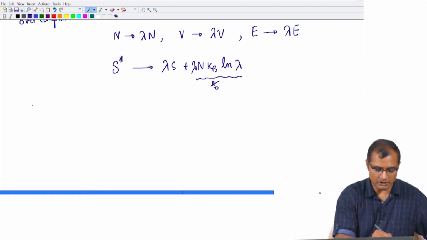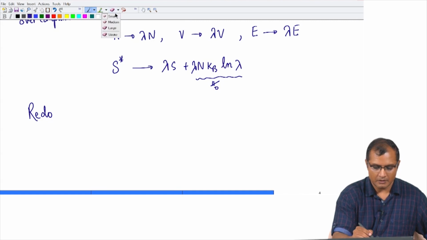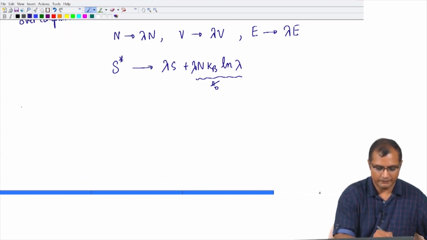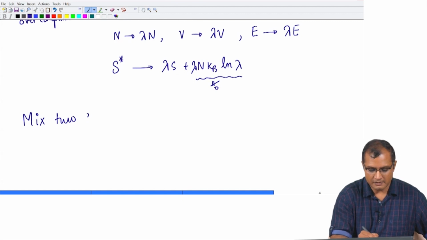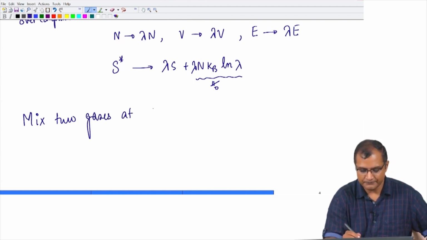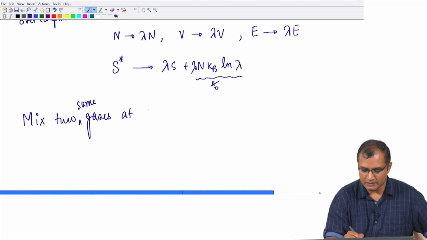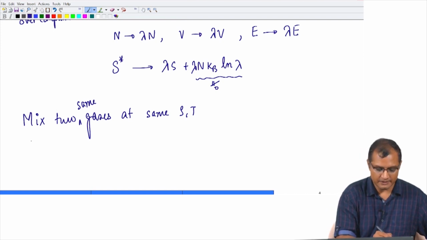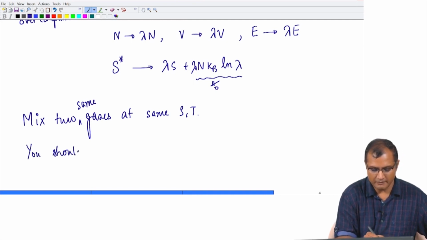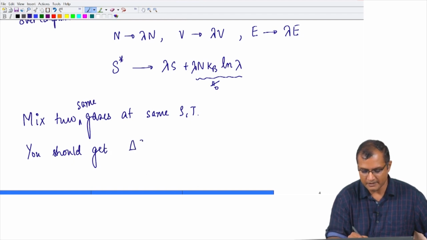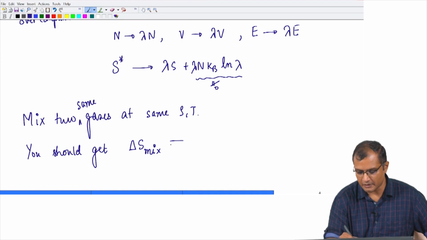So, now if you redo this mixing of gases, take the case of 2 same gases at same temperature and density, you should get the entropy of mixing as non-zero.